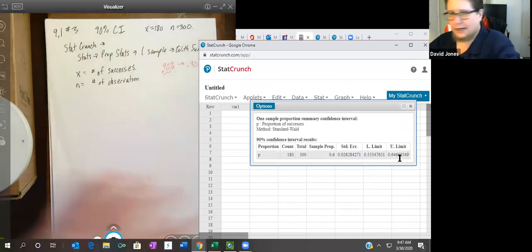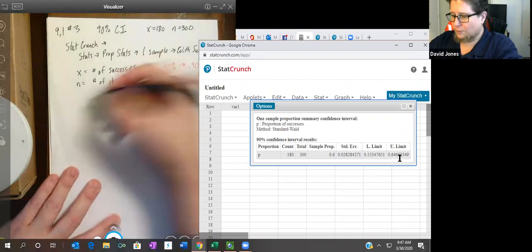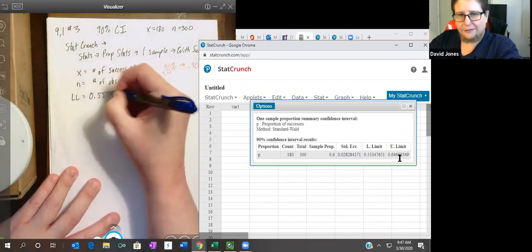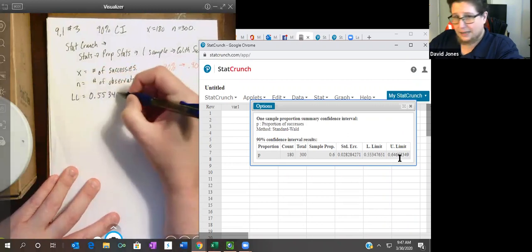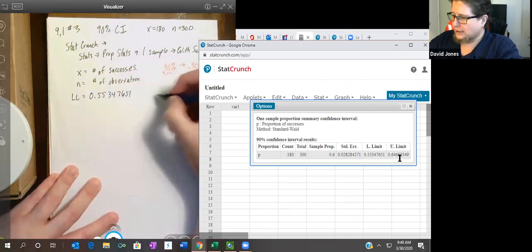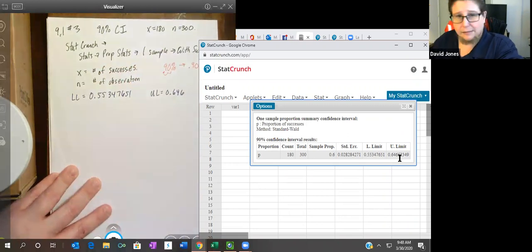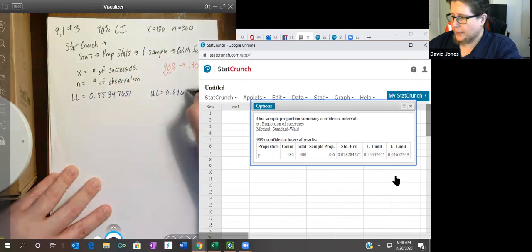So I'm going to write them down. I don't know how many decimal places they wanted. Lower limit was 0.55347651. Upper limit is 0.64652349.